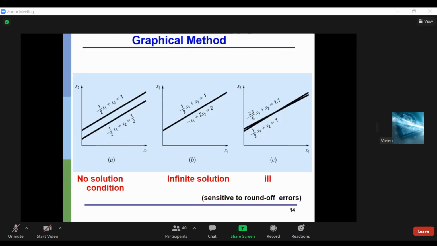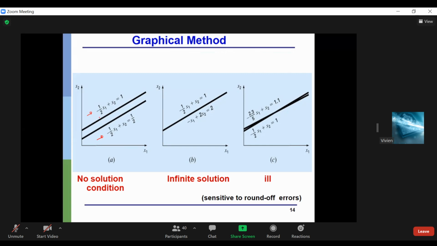Before we discuss the other methods, we will look here at some problems in the graphical method. For example, here in A, we have two equations, the first equation and the second equation, and we want to find the solution.